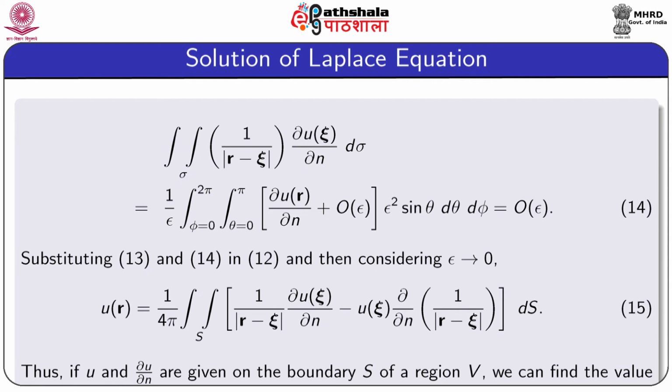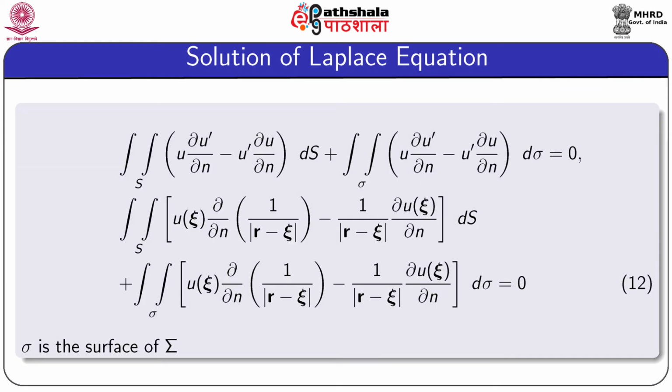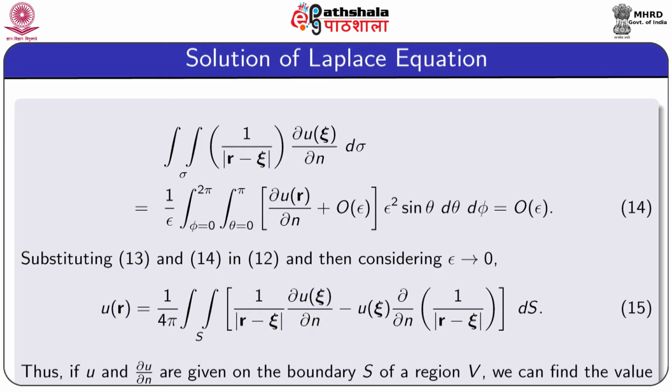Now, if we substitute 13 and 14 into equation 12, that means we are substituting the value of the surface integral over sigma, we obtain a relation which is written here: u r equals 1 by 4 pi surface integral over S of 1 by mod r minus xi del u del n minus u into del n of 1 by mod r minus xi ds.